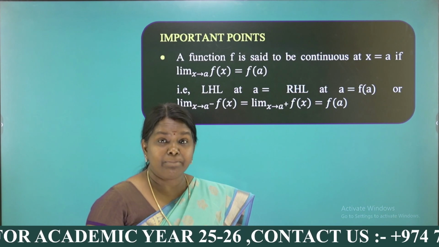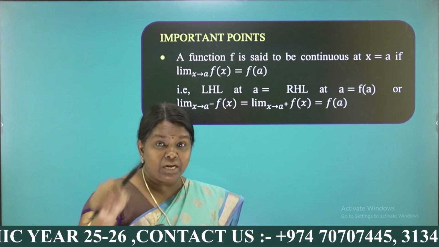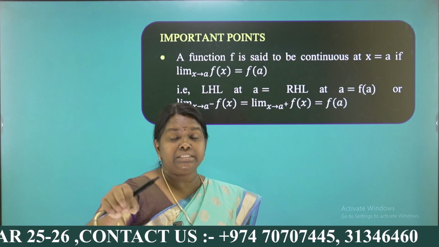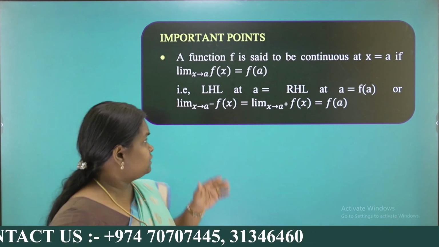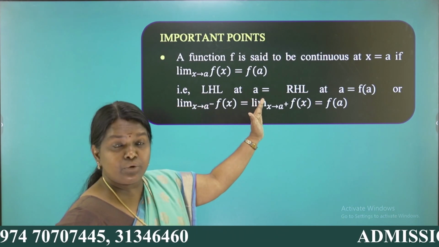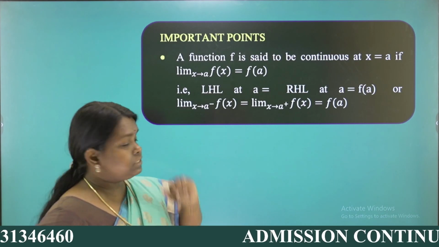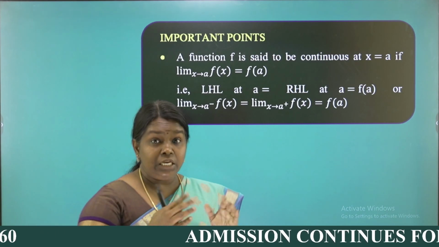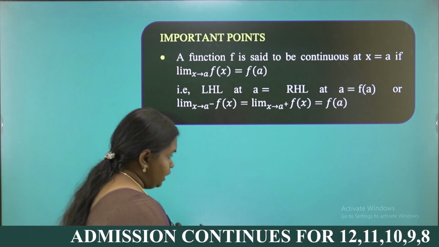The limit of a function at a point will exist if its LHL, left hand limit, equals the right hand limit. The same definition is given here: LHL at x equal to a equals RHL at x equal to a, or limit x tending to a minus of f of x equals limit x tending to a plus of f of x equals f of a.